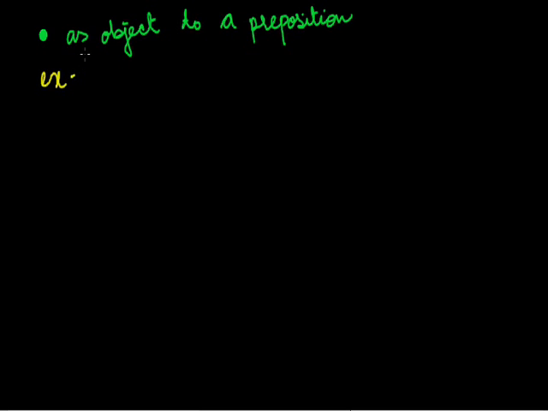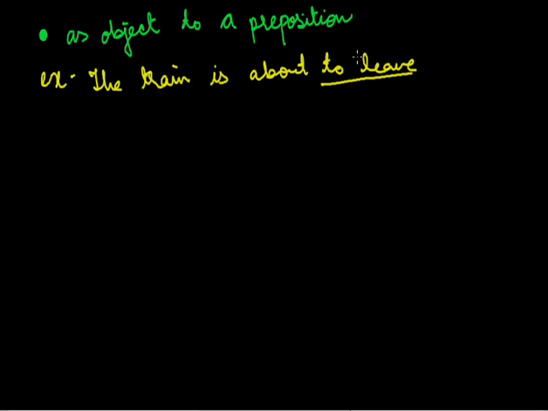Next is as object to a preposition. For example, the train is about to leave. So 'to leave' here is the object to the preposition about.